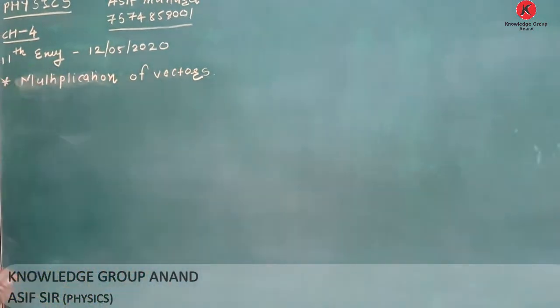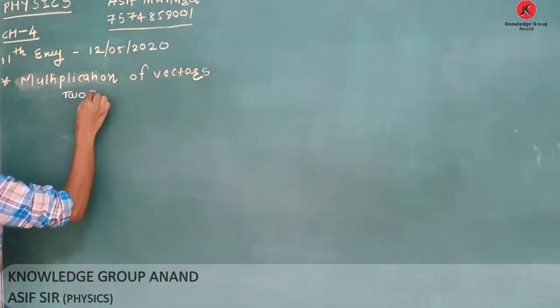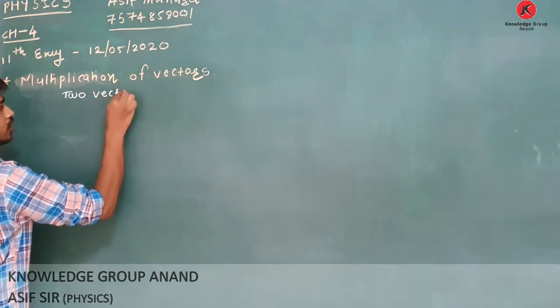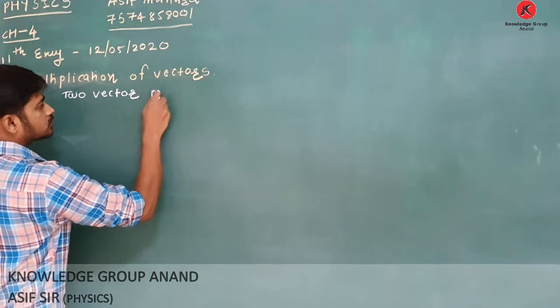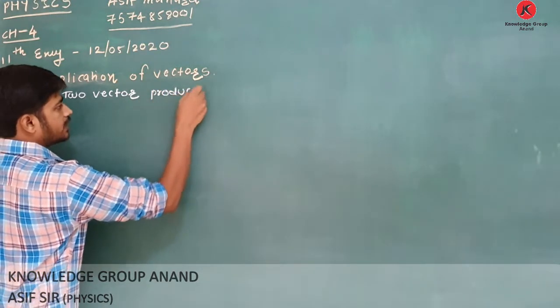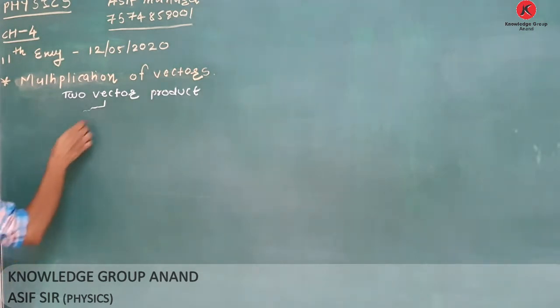In multiplication of vectors, there are two types. If you have two vectors and there is a product between them, then there are two cases.